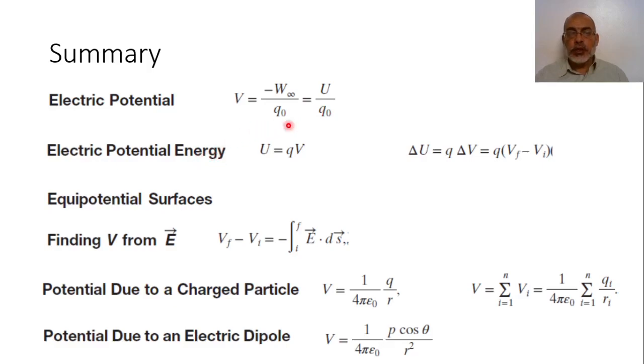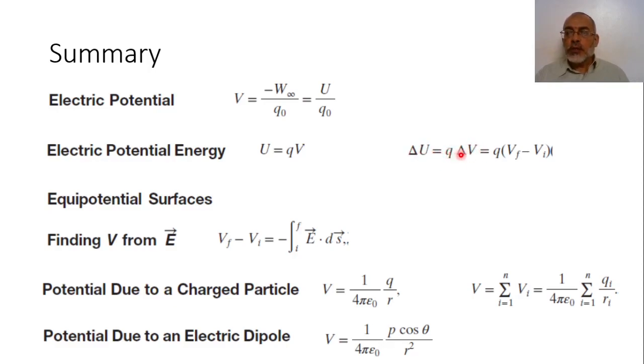So the potential energy can be defined as the magnitude of the charge multiplied by the potential at the observation point. The potential energy difference delta U equals Q multiplied by delta V.